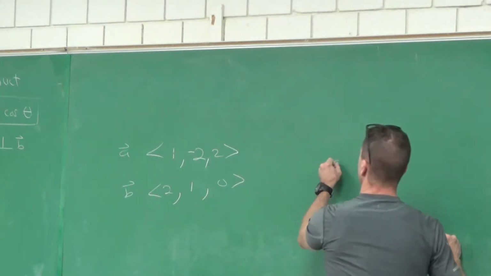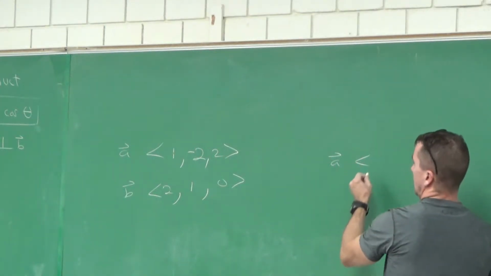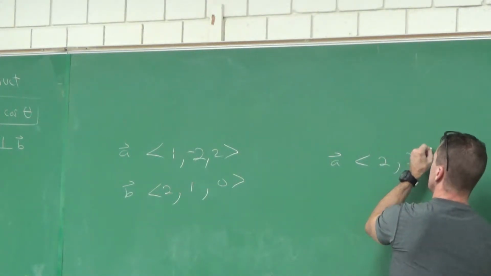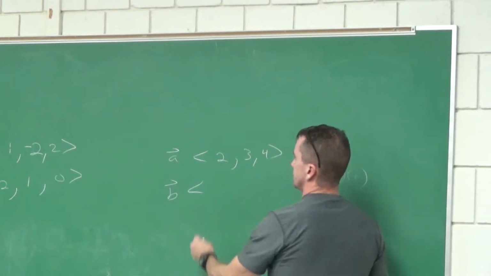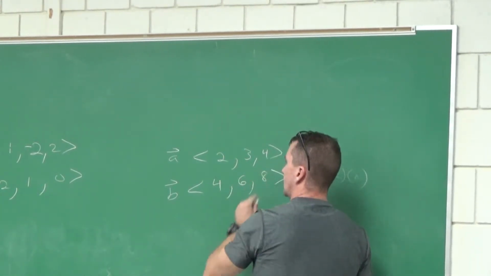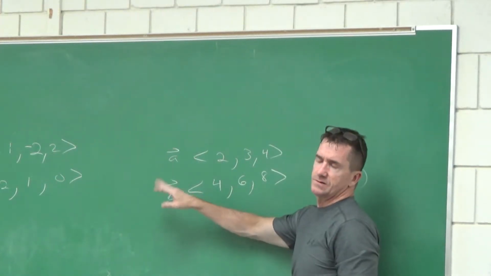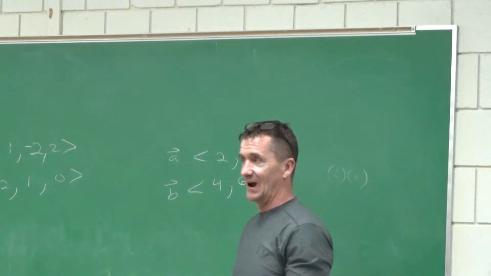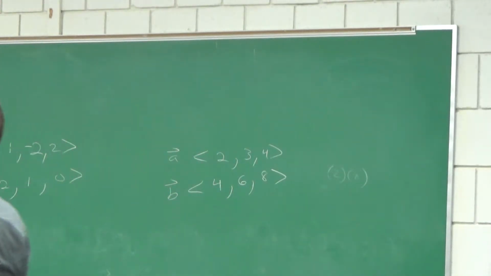I'm curious about these two vectors though. They're definitely not orthogonal. 2, 3, 4, vector B: 4, 6, 8. Can you tell me about these two vectors? They're definitely not orthogonal. What are they? Parallel.